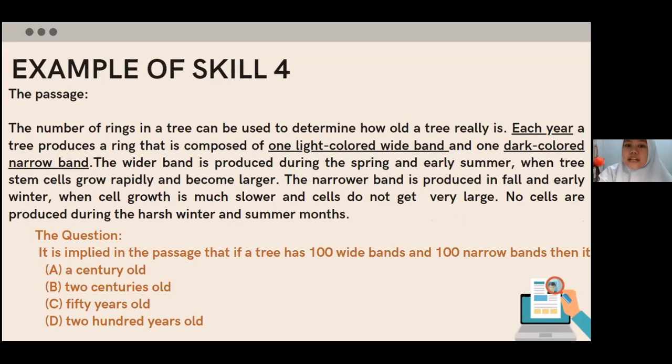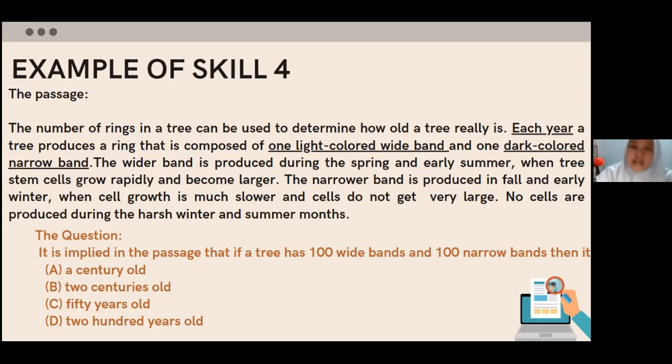In the text, here we can see each year one light color, white band, and one dark color, narrow band. It means if 100 white bands and 100 narrow bands, it is 100 years or a century. So the answer is A, a century.